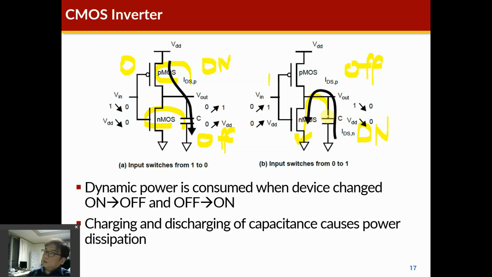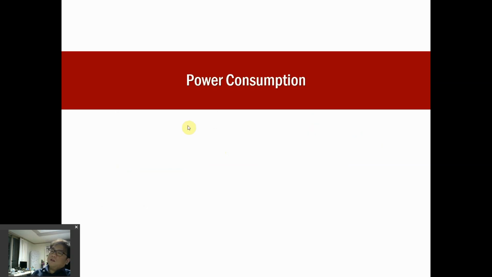So charges are dissipated from this capacitance. So this is the basic operation of the CMOS inverter. If you remember the MOS transistor is the voltage controlled switch, then you can easily understand the operation of the CMOS circuit.